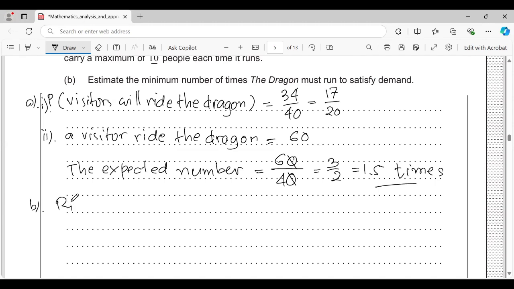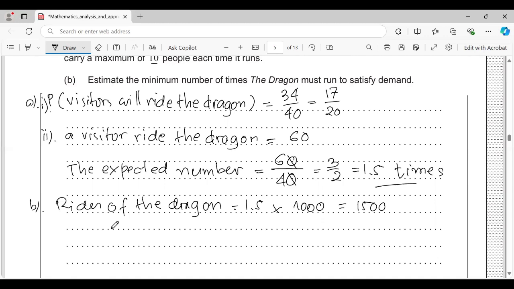The riders of the Dragon is 1.5 multiplied by 1,000, and it is 1,500.